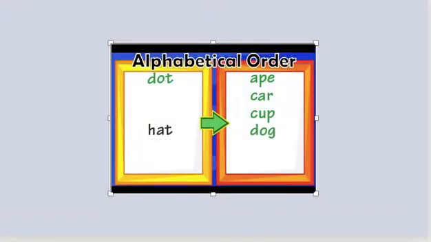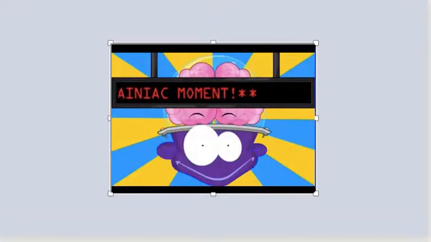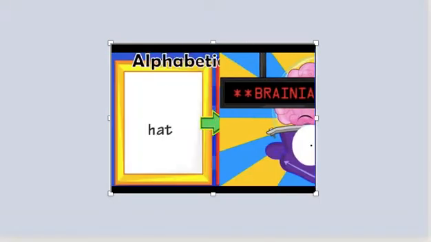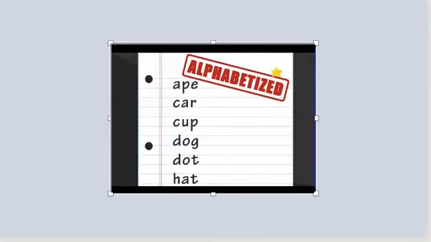Dog goes here, then dot goes right behind it. I'll bet you know what to do when the third, fourth, or fifth letters are the same now too. Okay, just one word left, and its first letter is H, and H comes after D, so it goes last, right here. And now you know the hows and whys, so all of your words can be alphabetized.